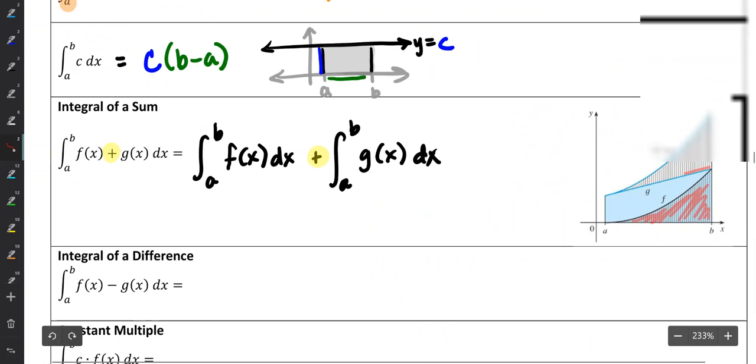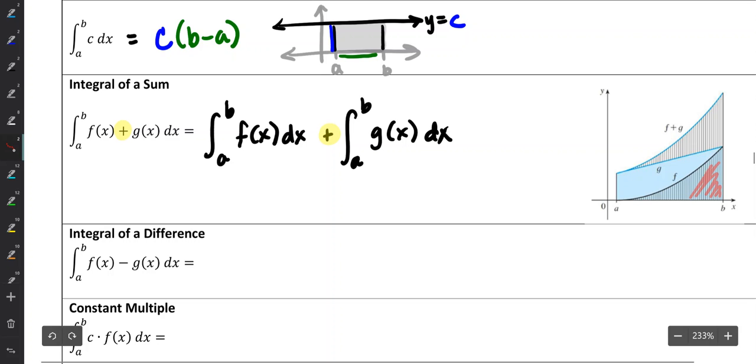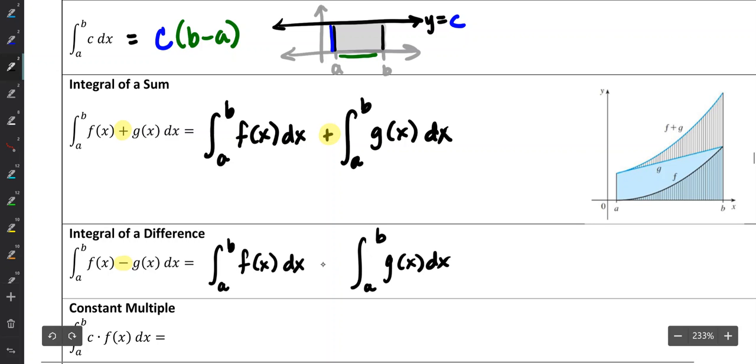Similarly, the integral of a difference, we've got a subtraction sign right here. I can think about the area under f on its own. Then I can think about the area under g on its own and do what? Take the difference of those two areas.